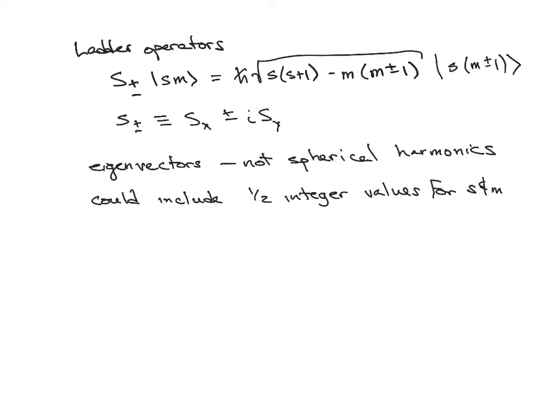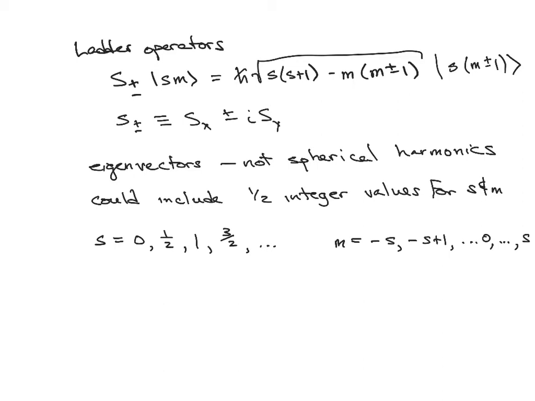Awesome. So our allowable values for spin are things like 0, 1/2, 1, 3/2, etc. And if we have those values for s, our values for m range from minus s through 0 all the way up to positive s.